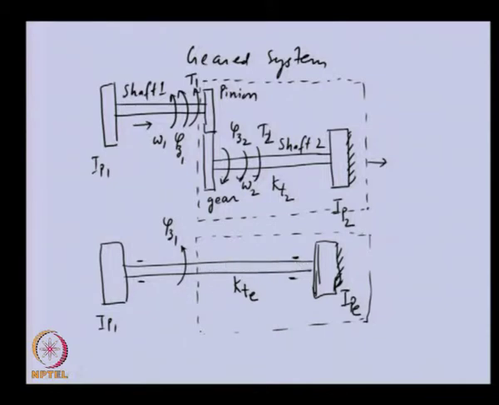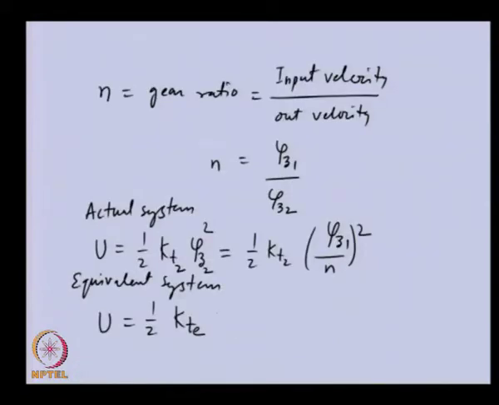So, here we will have the strain energy corresponding to the same displacement. Now, if these two systems are the same, these two energies should be the same, so we equate them.